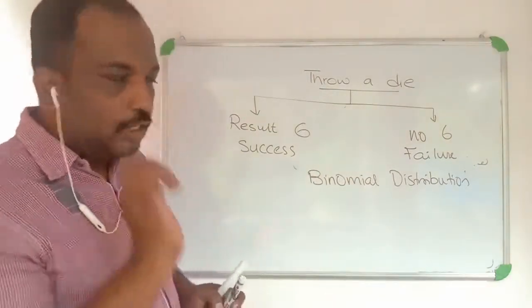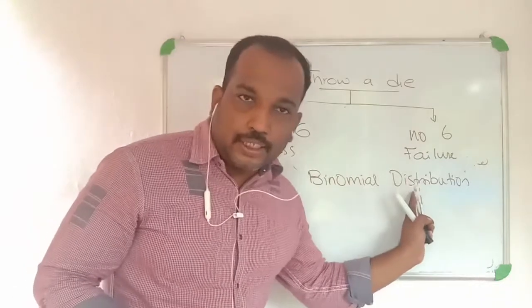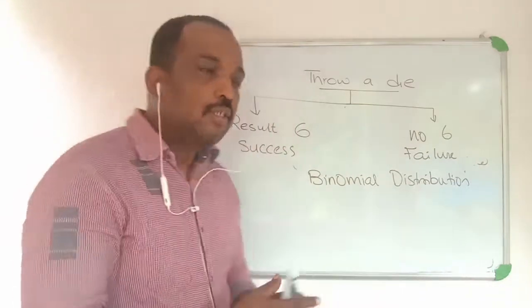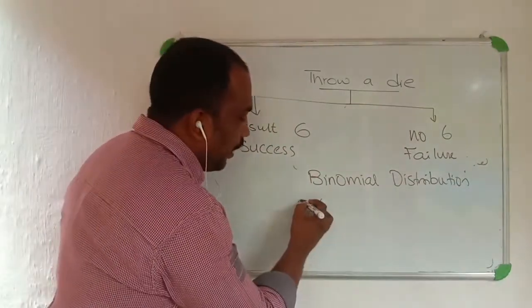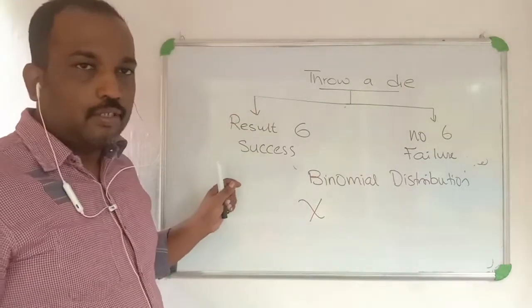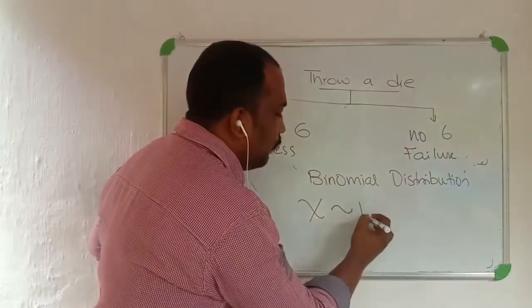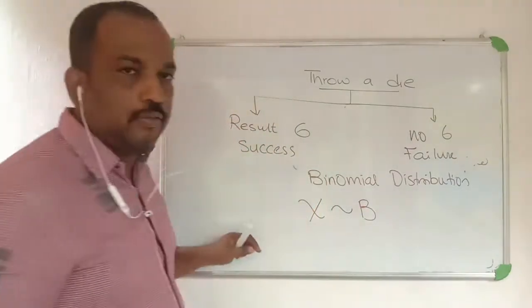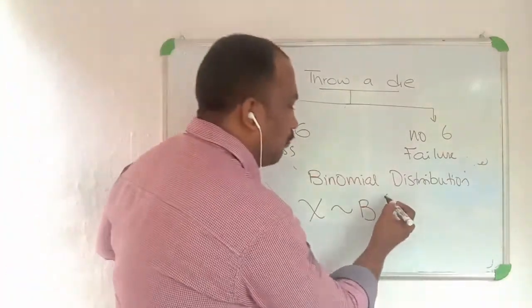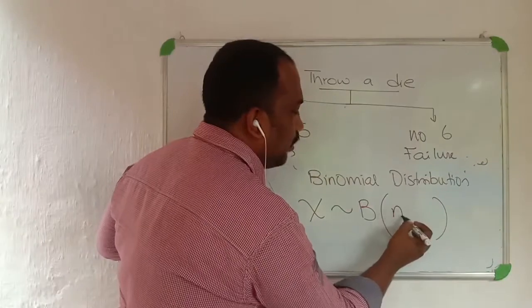Already we learned how to represent a binomial distribution. Let's take a random variable X. X is a random variable. If it follows the binomial distribution, it will have the parameters n and p.